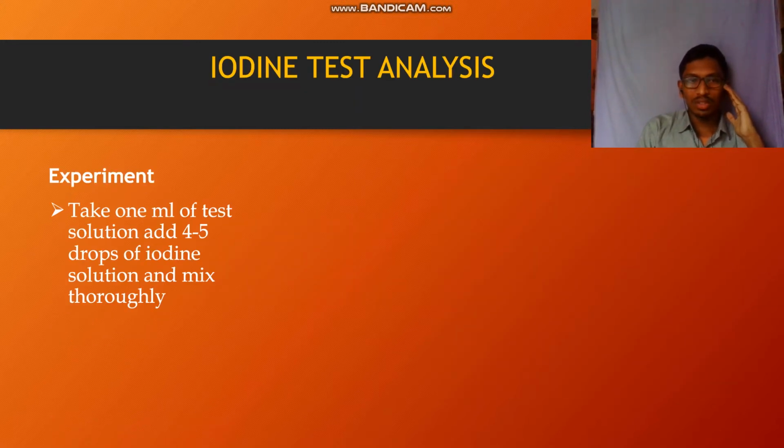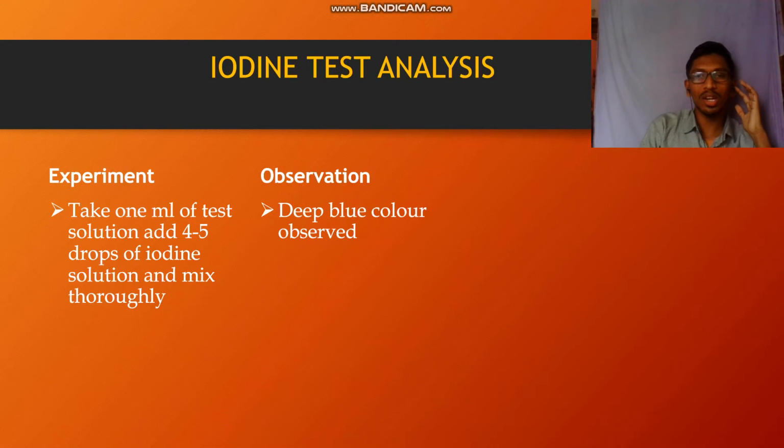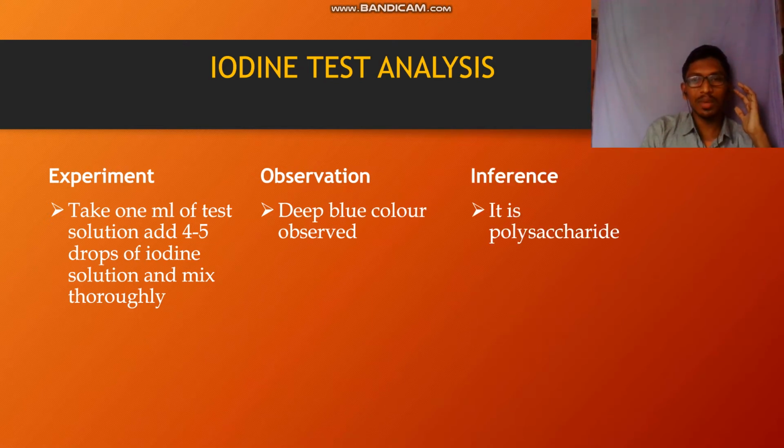Take 1 ml of test solution, add 4 to 5 drops of iodine solution and mix thoroughly. Observation: deep blue color observed. Inference: presence of polysaccharide. By the Molisch test, it's proved that the given sample is a carbohydrate.